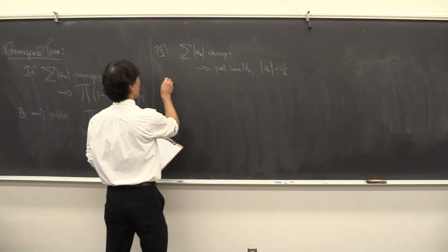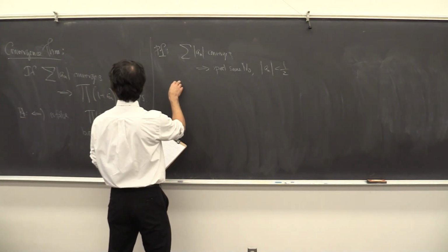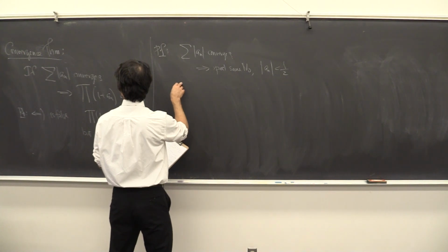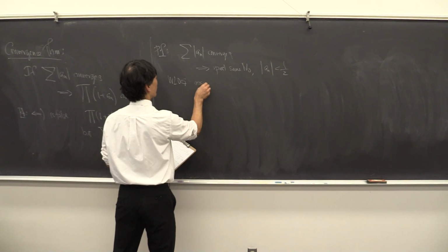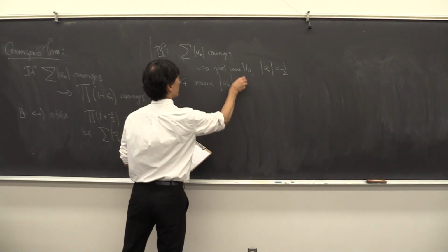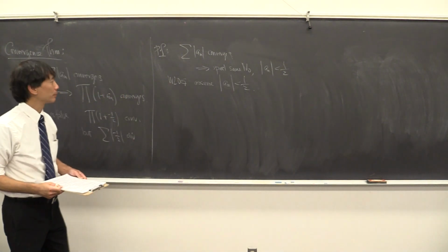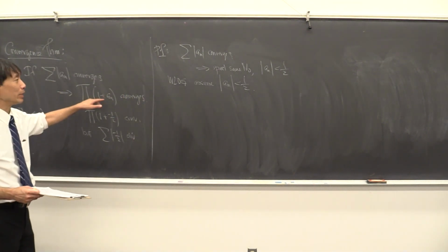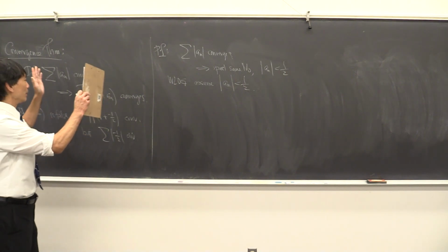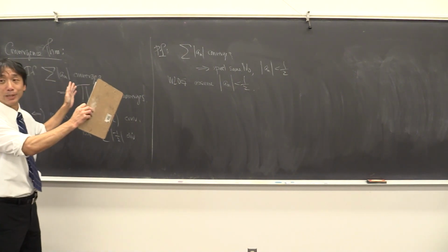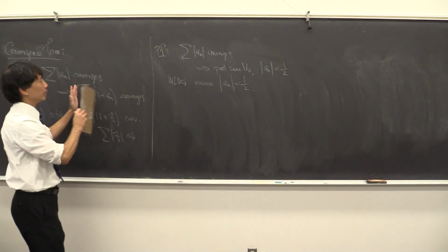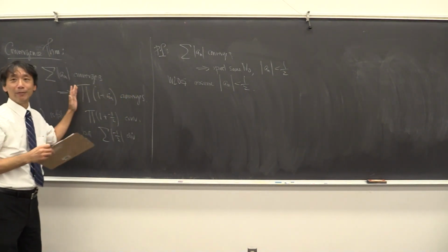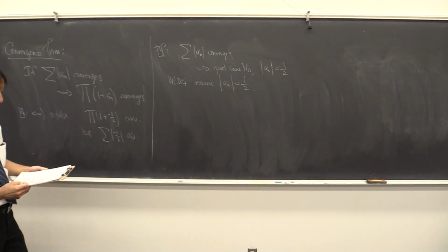So, without loss of generality, we can just assume that all of them are smaller than 1/2. If some of them are bigger than 1/2, there's going to be a finite number of those anyway, some finite part, and then we would be dealing with these guys who are all smaller than 1/2. So let's just assume that they're all smaller than 1/2.